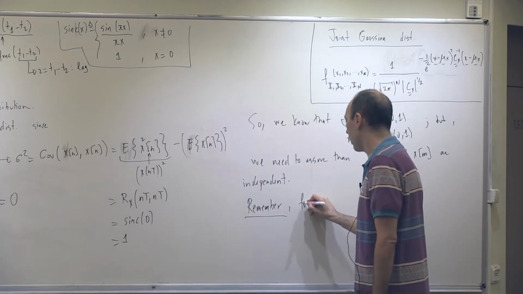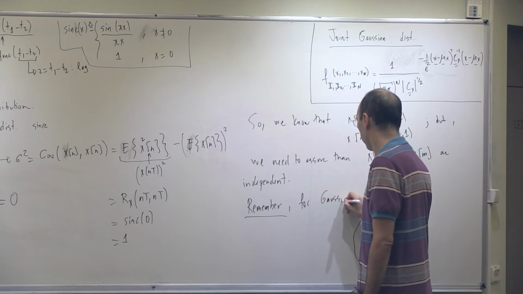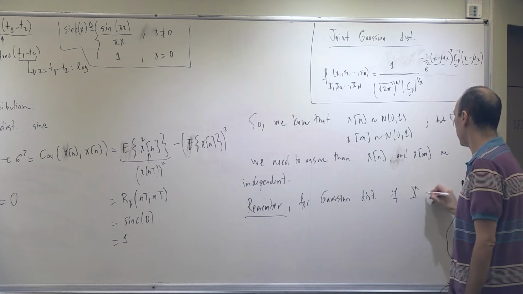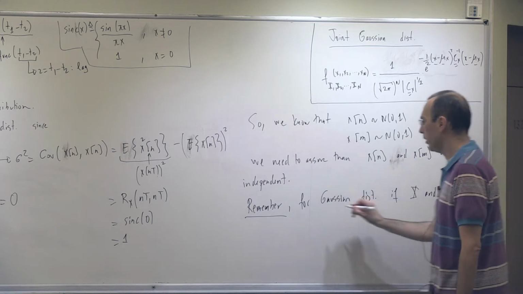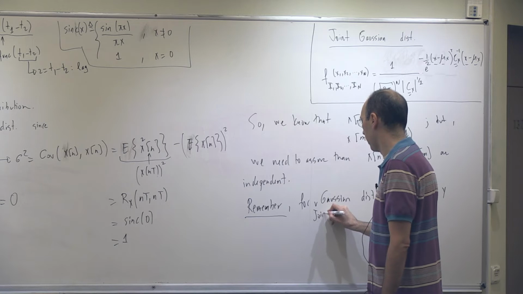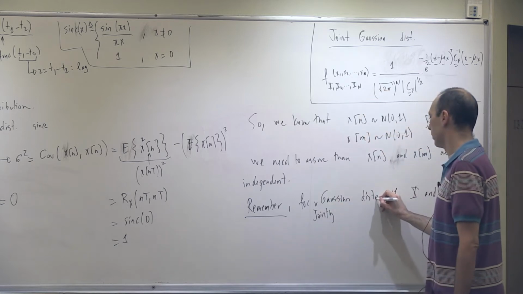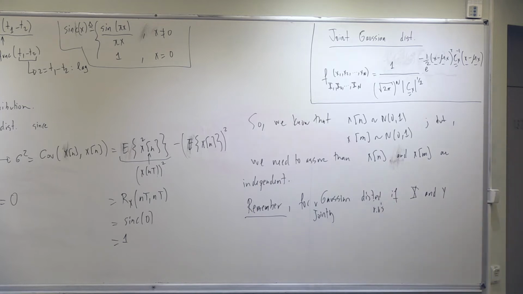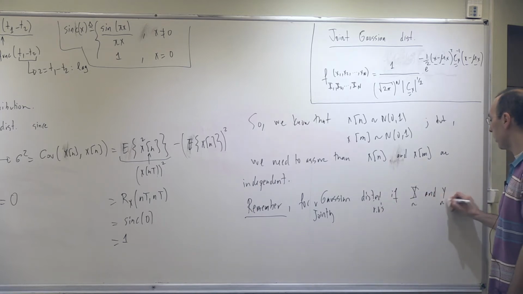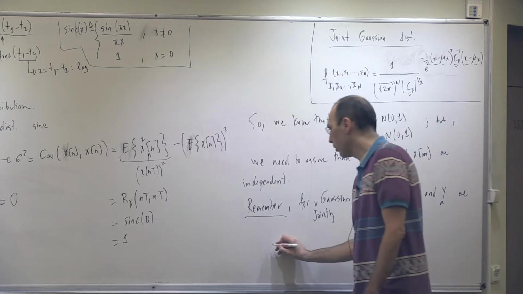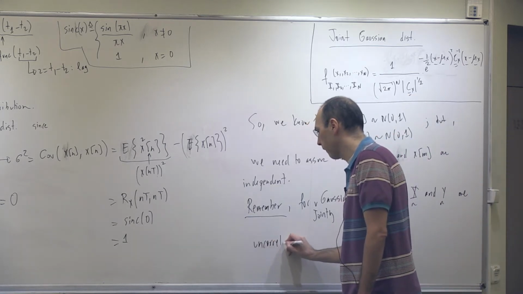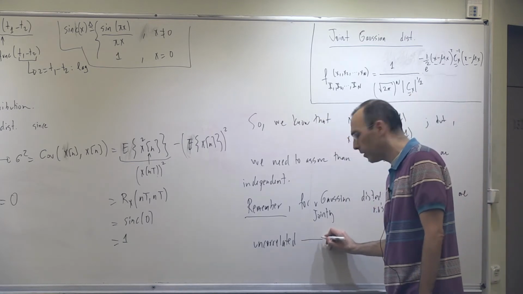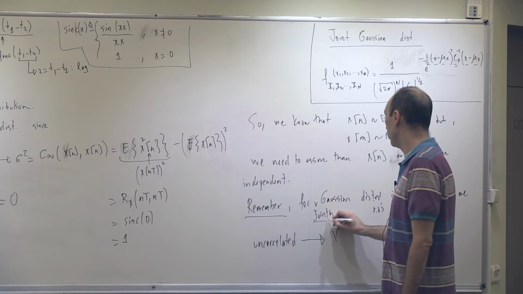Remember, for Gaussian distributions, let's say X and Y are jointly Gaussian distributed random variables.